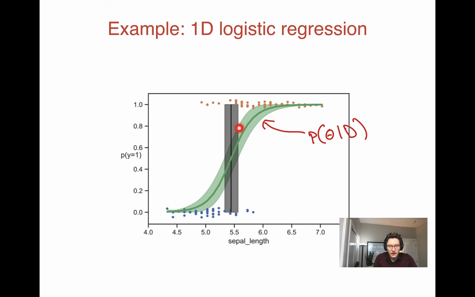This shaded area indicates the amount of uncertainty in theta that there is given D. That is, p of theta given D isn't super sharp around theta MAP, but it actually has a little bit of uncertainty. And then here is the uncertainty around that threshold line.